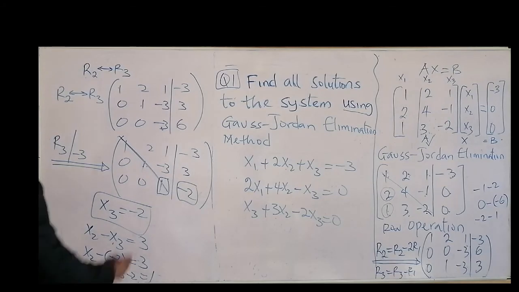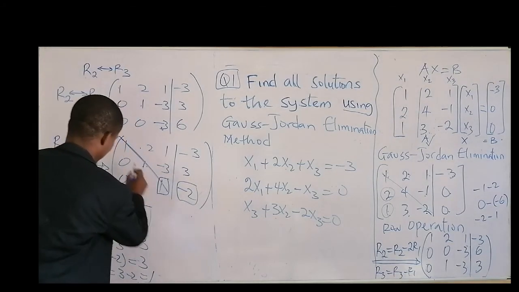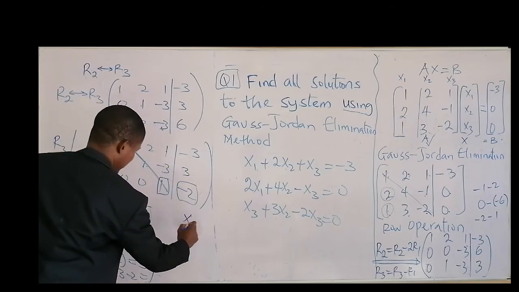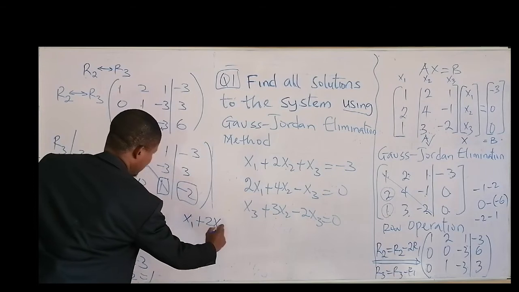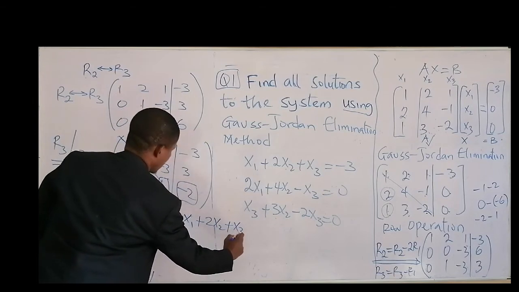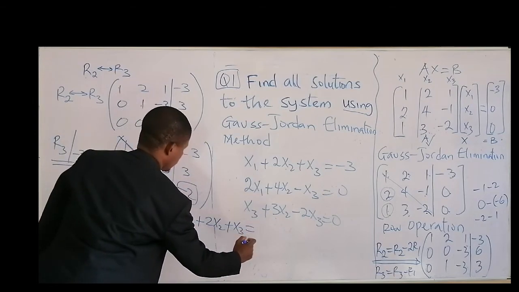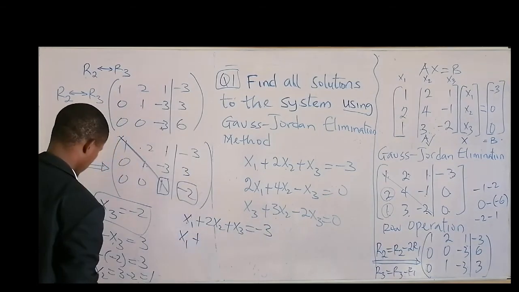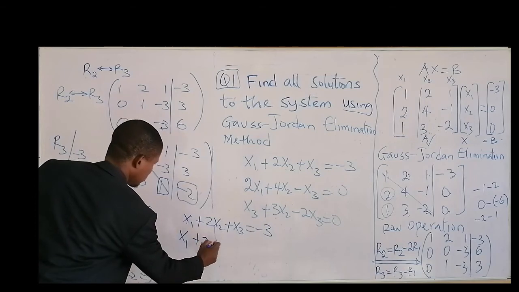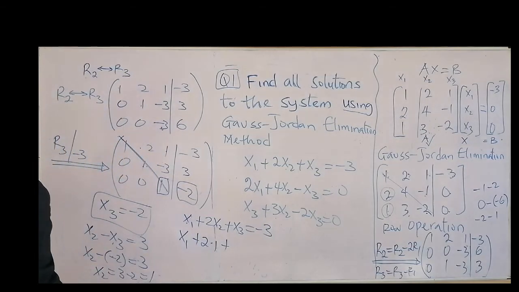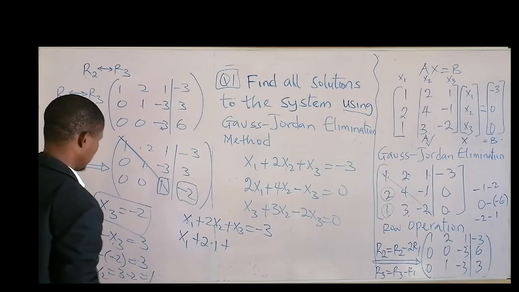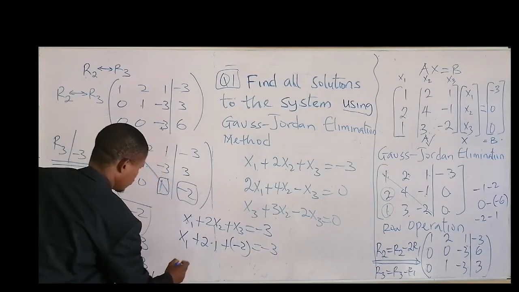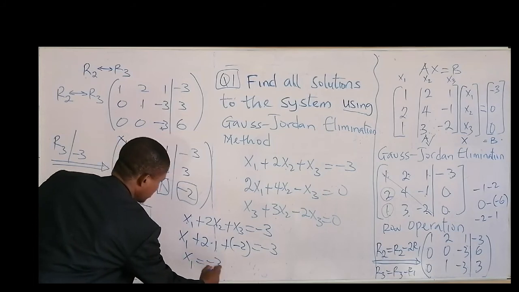Then I can go to the first horizontal line, I mean the first row. That will be x1 plus 2 times x2 plus x3 equal to minus 3. My x1 I don't know, plus 2 times 1 plus x3, that's minus 2, equal to minus 3.